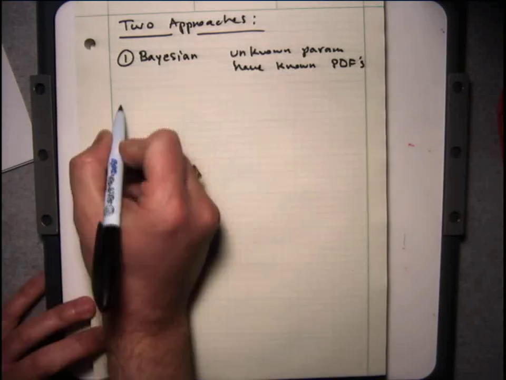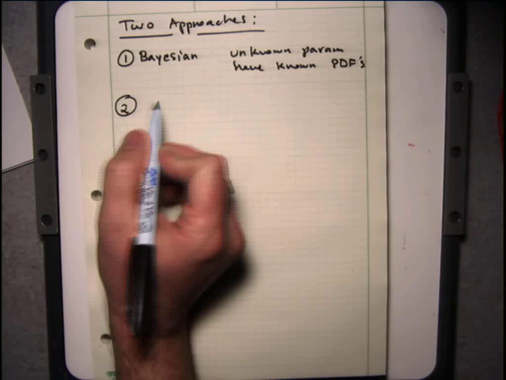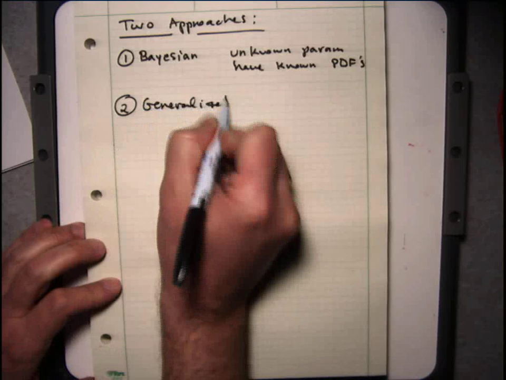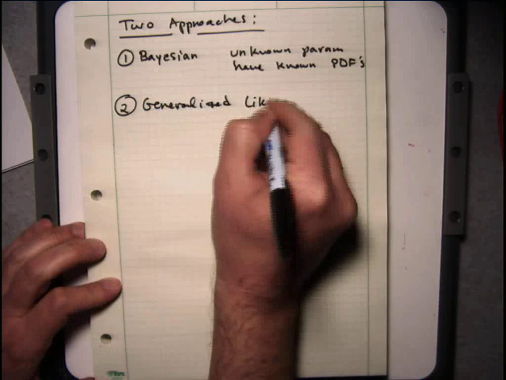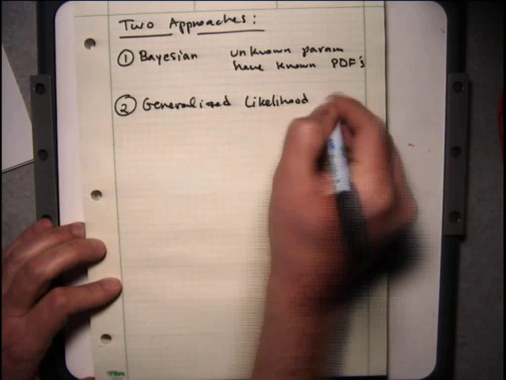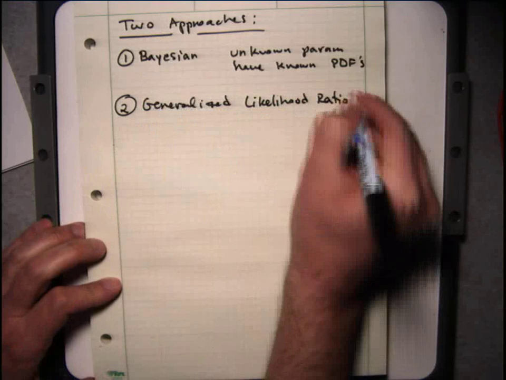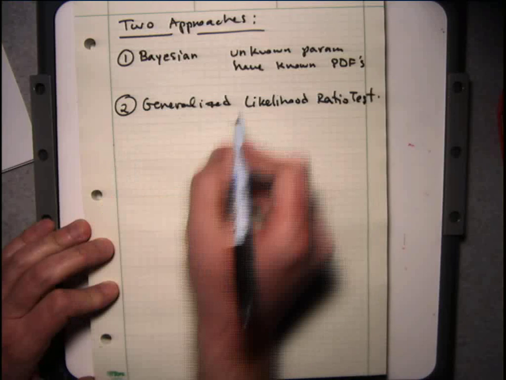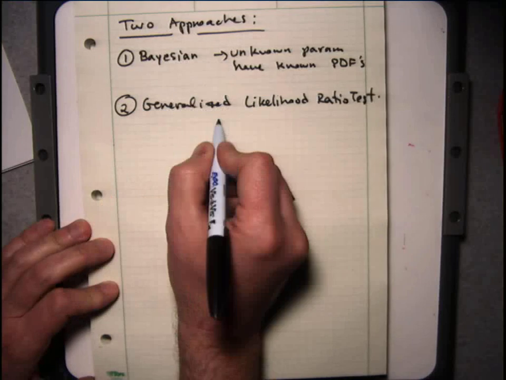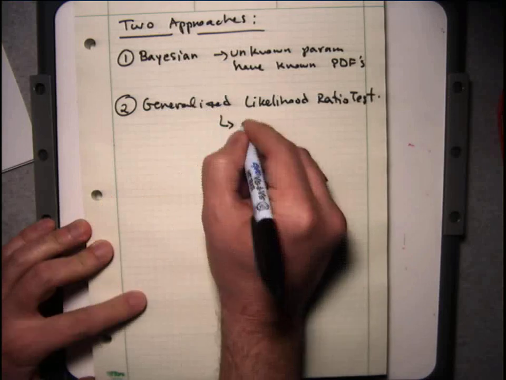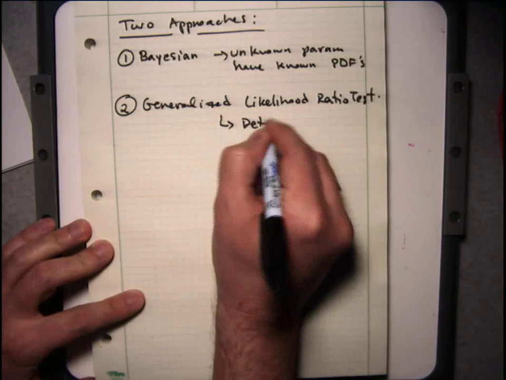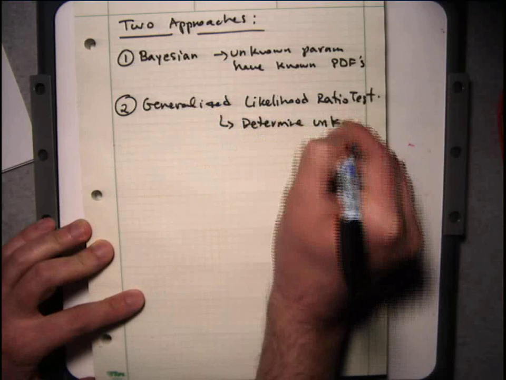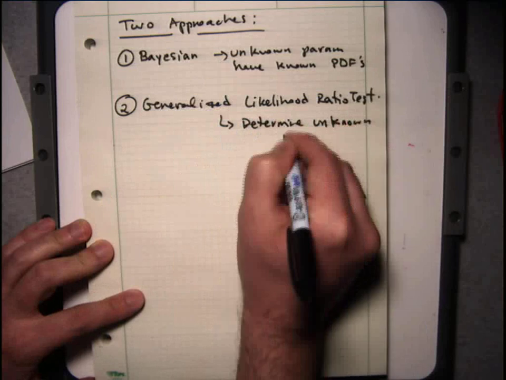So the second one is what we call the generalized likelihood ratio test, or GLRT. What this approach does is you explicitly determine the unknown parameter.